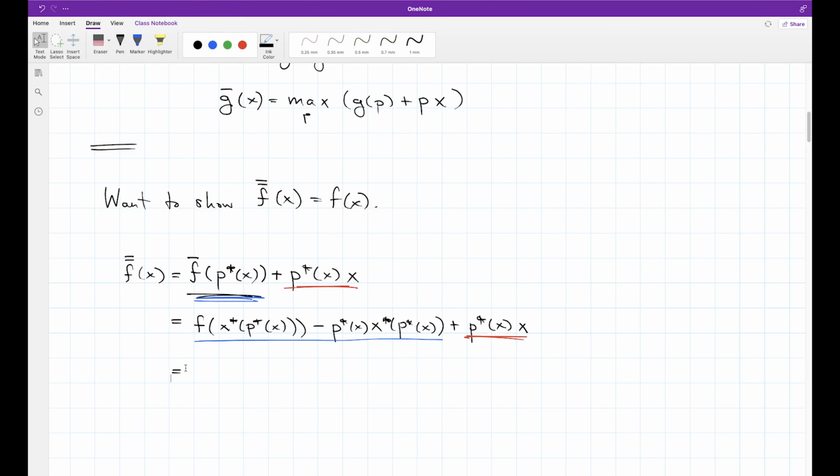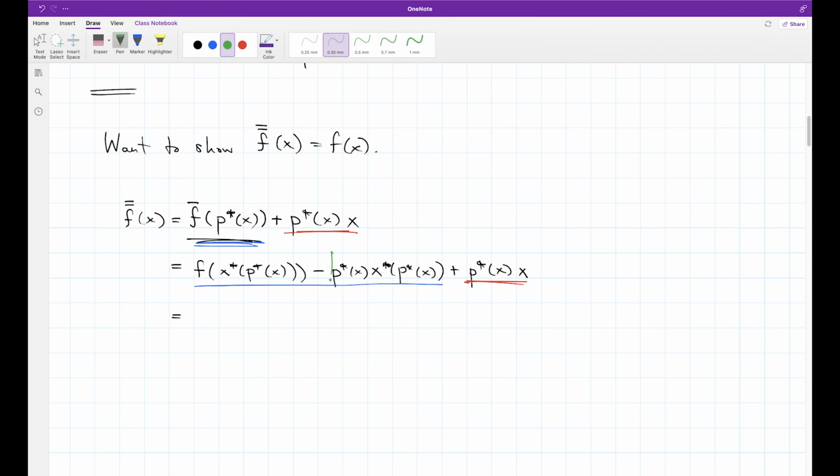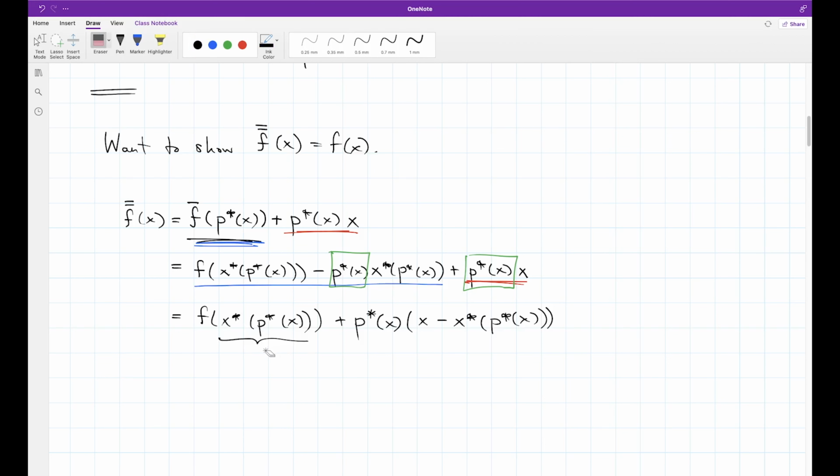All right, now let's group things a little bit since we have a p star of x here and a p star of x here. We'll get f of x star of p star of x plus, let's say, p star of x times x minus x star of p star of x is equal to f double bar of x. Now we want for this to equal f of x. And this is true certainly if x star of p star of x is equal to x. So let's show that.